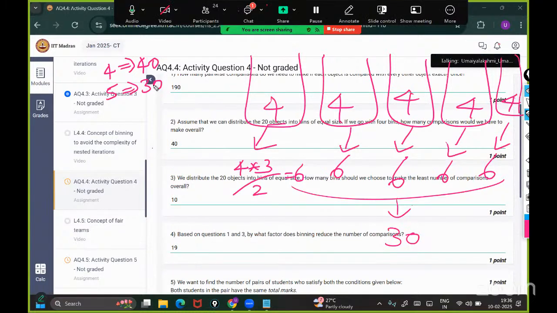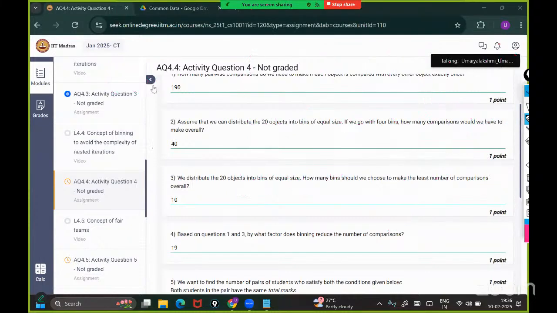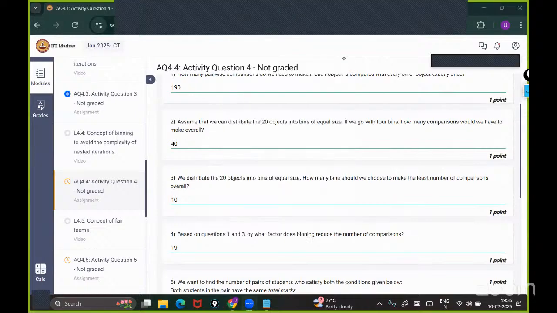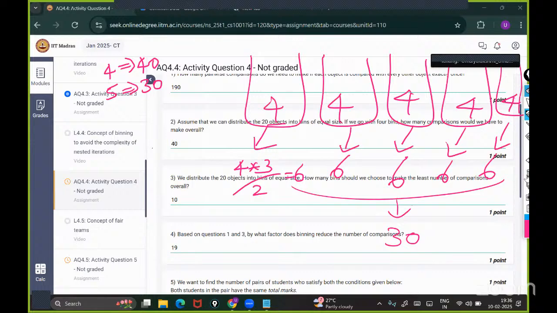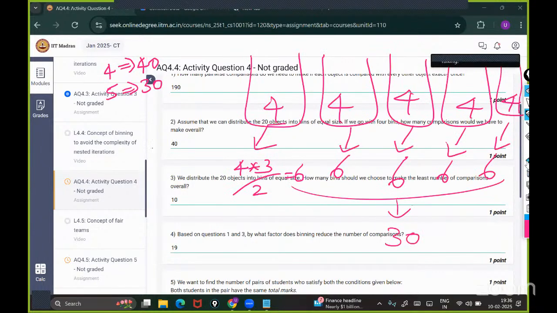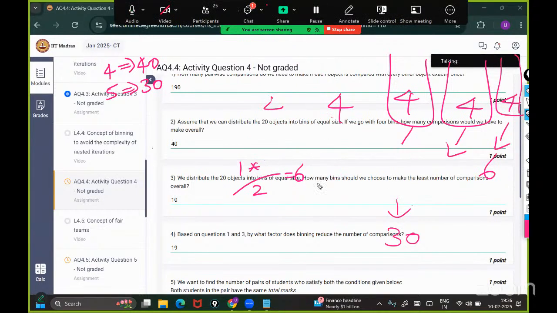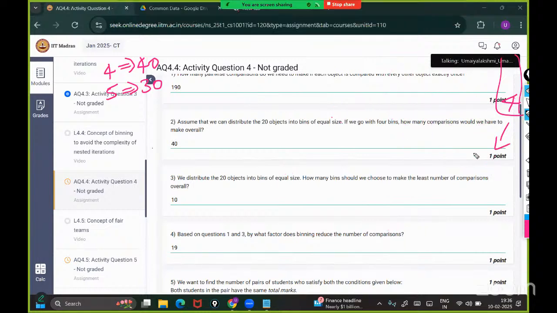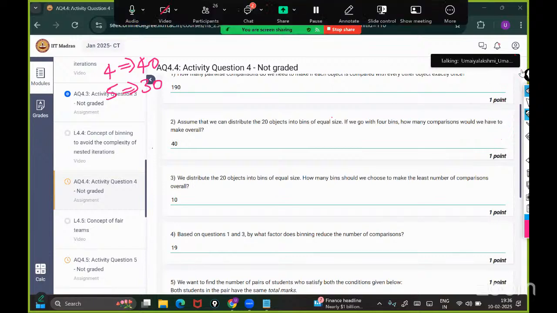Will I be able to divide it by 6 equally? No. Then how about 7? How about 8? How about 9? No. How about 10? Yes, I can divide it by 10.